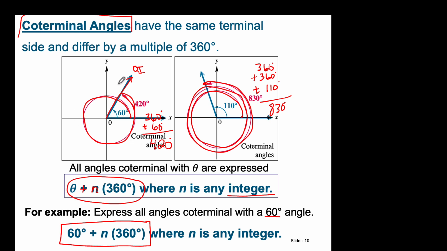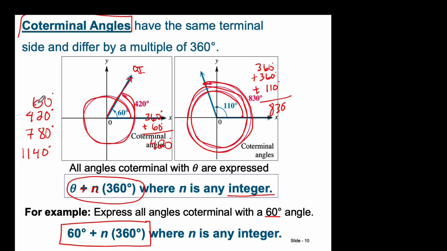We saw one example, 420, but there could have been, or there are many more. So if we add 360, we would have got to 420. If we went another full 360, what would that put us at? 780. We could have got another full 360. Well, that would put us at, do I need my calculator? 1140. We could have even gone in the negative direction.